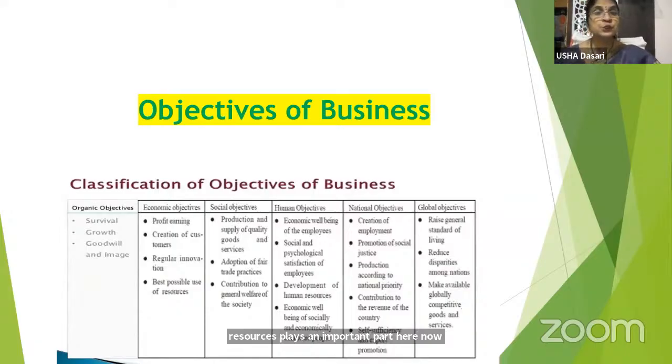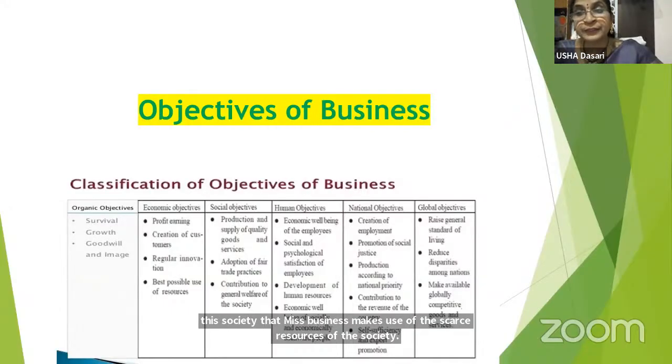Next one is social objectives. So what are these social objectives? Social objectives refer to the objectives which are desired to be achieved for the benefit of the society. That means business makes use of the scarce resources of the society, so society expects something in return for its welfare.